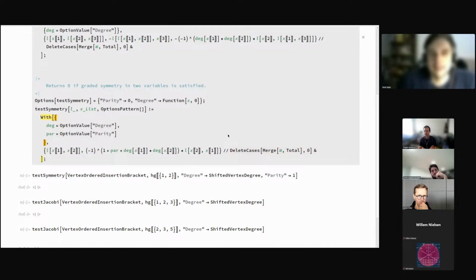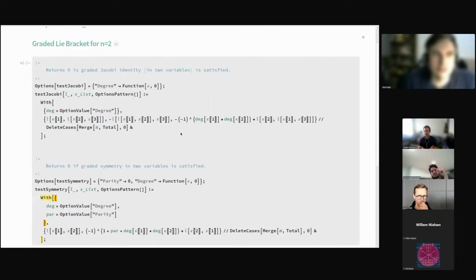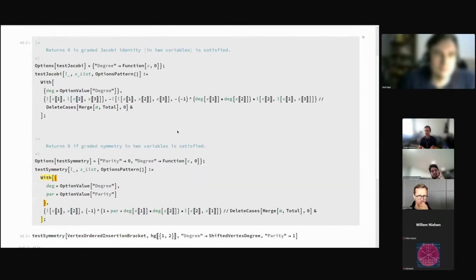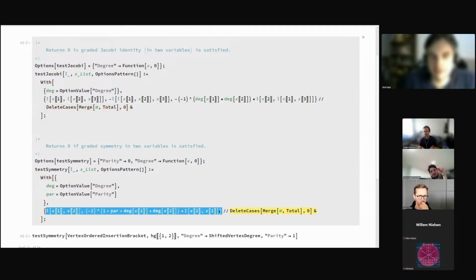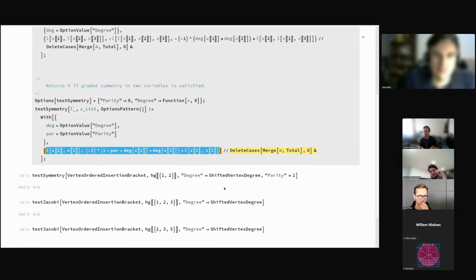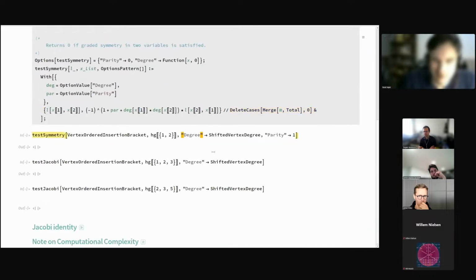Yeah, and a graded Lie bracket is a graded bracket which preserves the grading and which satisfies this graded Jacobi identity and the graded anti-symmetry. Good. So just to show you that it actually satisfies this, on the previously defined examples you can test symmetry.